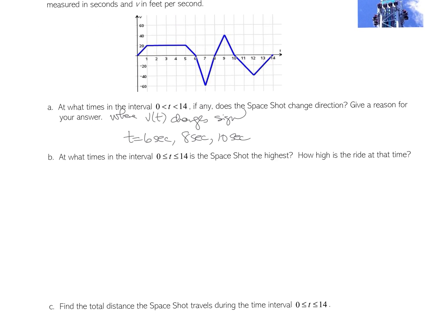All right. At what times in the interval from 0 to 14 is the space shot the highest? How high is the ride at that time? Okay, so anytime they're looking for something like that, we have to test the endpoints as well as any of the critical spots, which we've already seen are 6, 8, and 10.